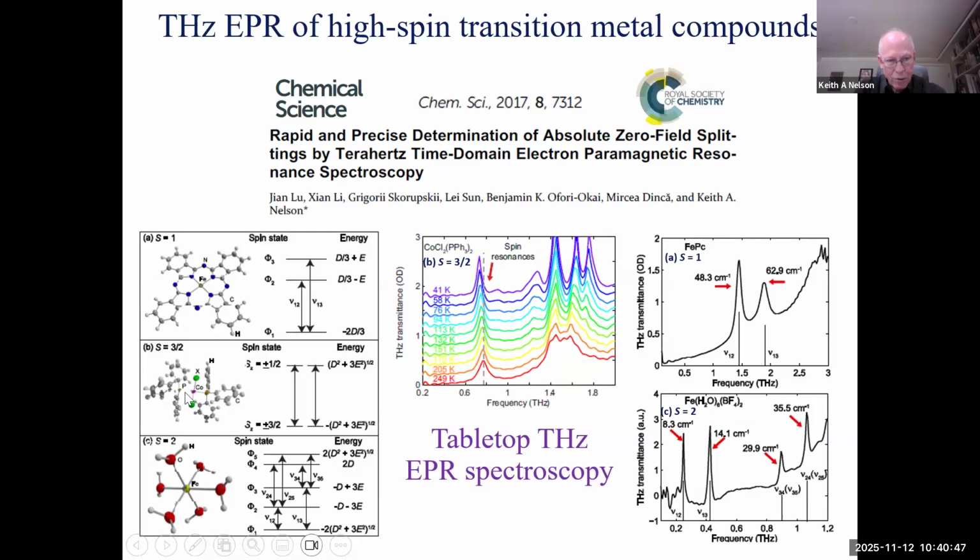So here the spin is 2, 3 halves, 1, a couple of different examples of each, and we just showed that in all of these cases it was actually pretty straightforward to record the terahertz EPR spectra. And this, by the way, was before we had introduced this single shot measurement method. These would be far quicker and easier now than they were back when we did these measurements a number of years ago.